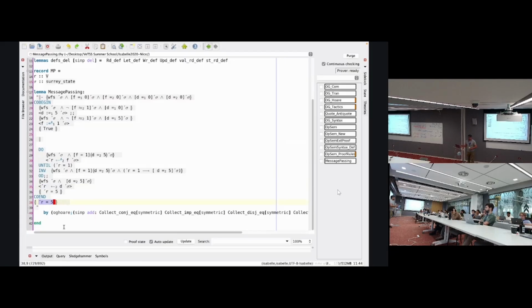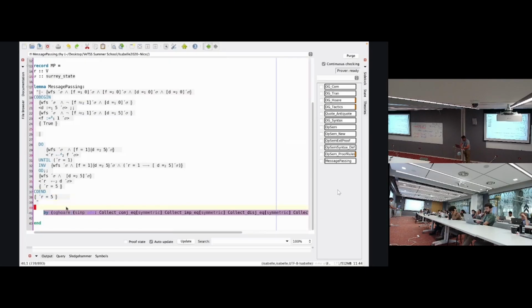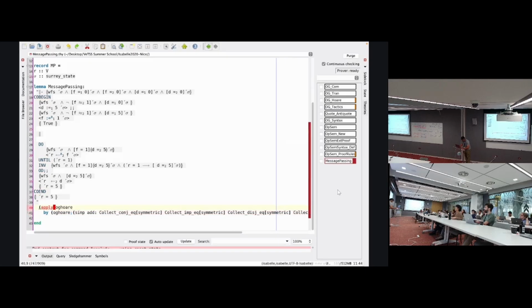And because Isabelle ships with this Owicki-Gries logic, we can reuse it. And this Hoare tactic essentially splits up the proof. So you can see, if I can remember how to do Isabelle. Can someone help me? Apply rule.